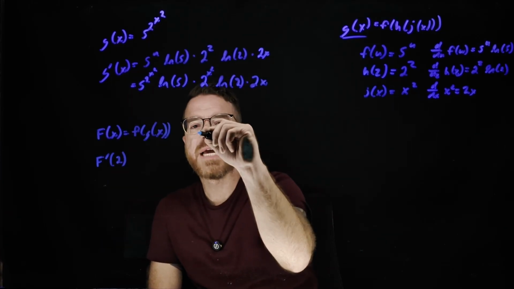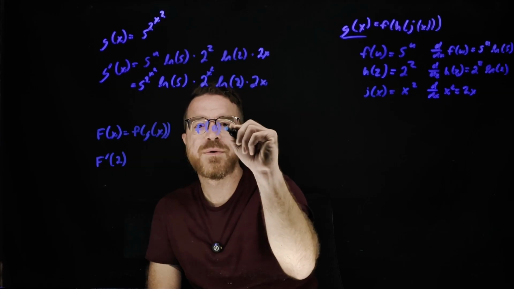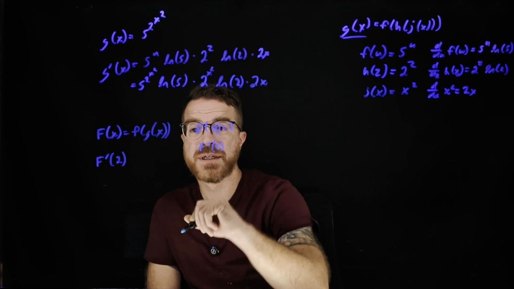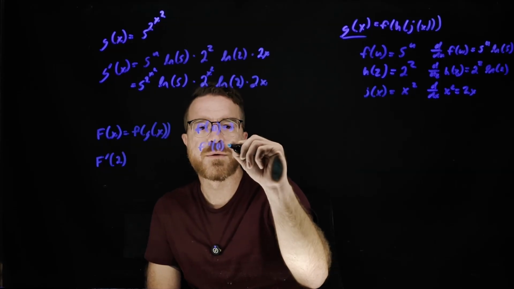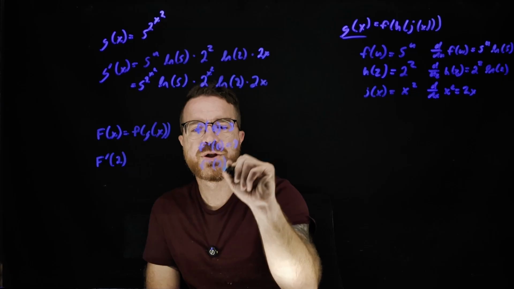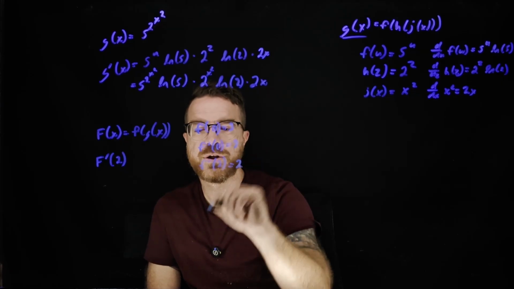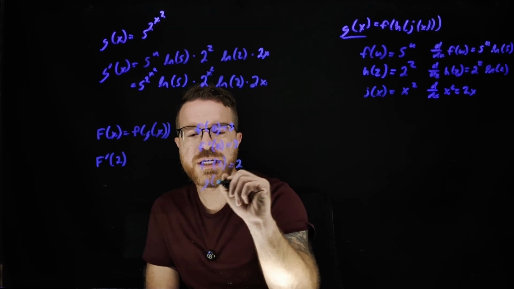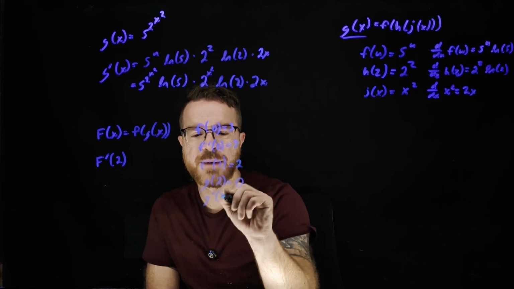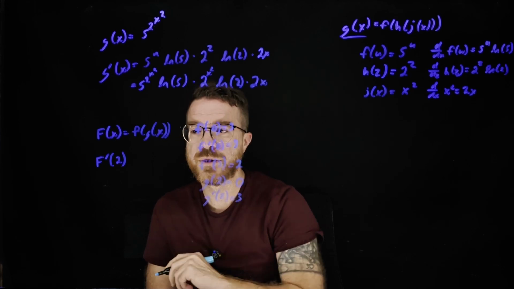In this case, we have f of 0 is equal to 3. We have f prime of 0 is equal to 9. We have f prime of 2 is equal to 2, and we have g of 2 is equal to 0, and then finally we have g prime of 2 is equal to 3.